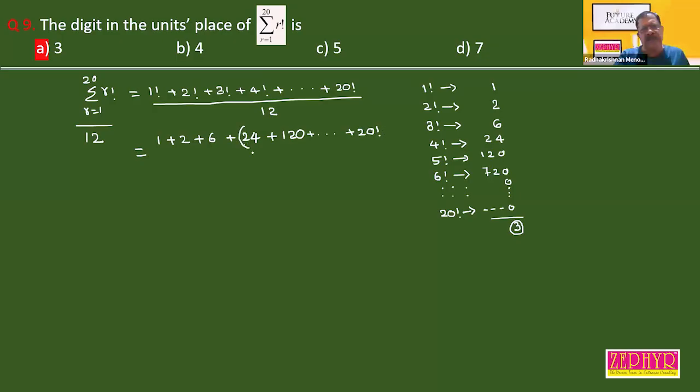All these numbers are multiples of 12. So this is nothing but 1 plus 2 plus 6 plus 2, 8 plus 1, 9, plus 12K. Multiple of 12 means 12K. So when you divide it by 12, definitely the remainder will be 9.